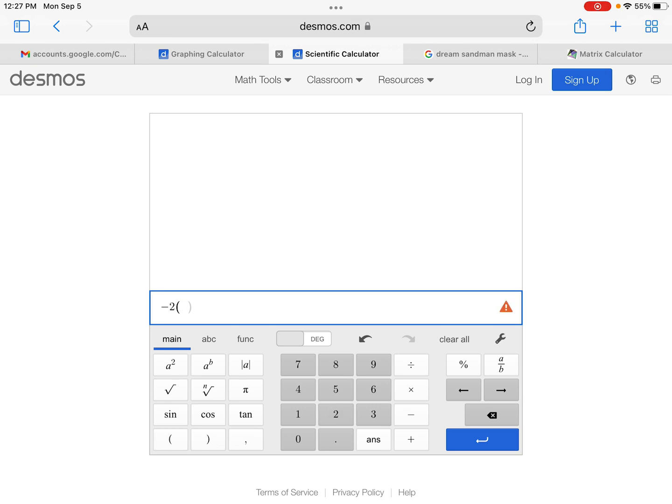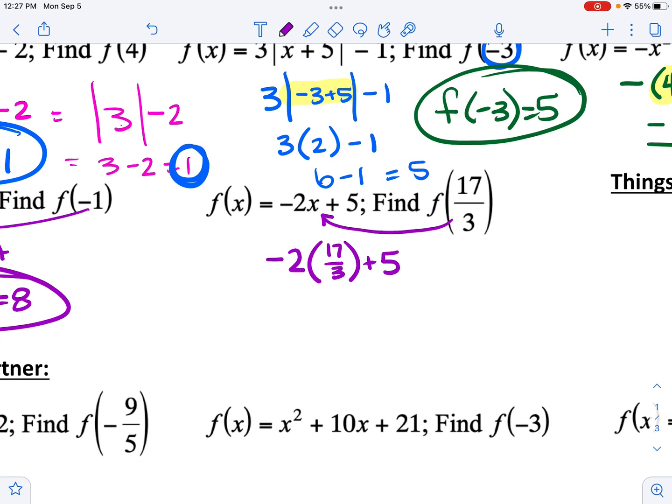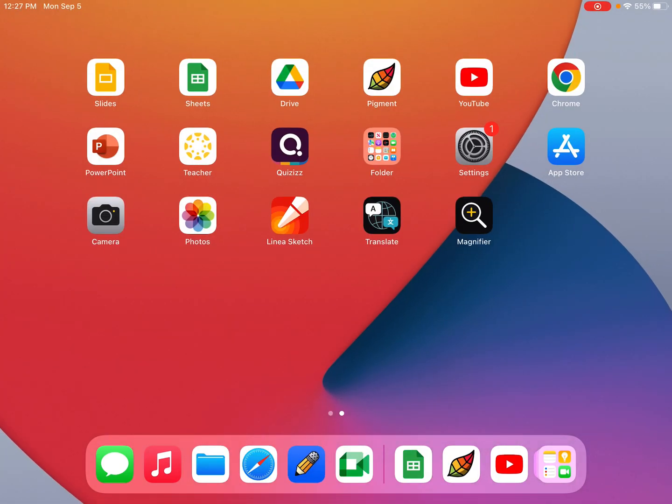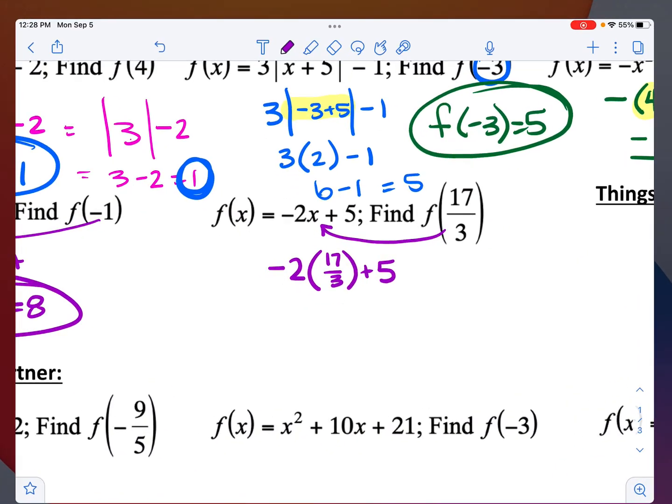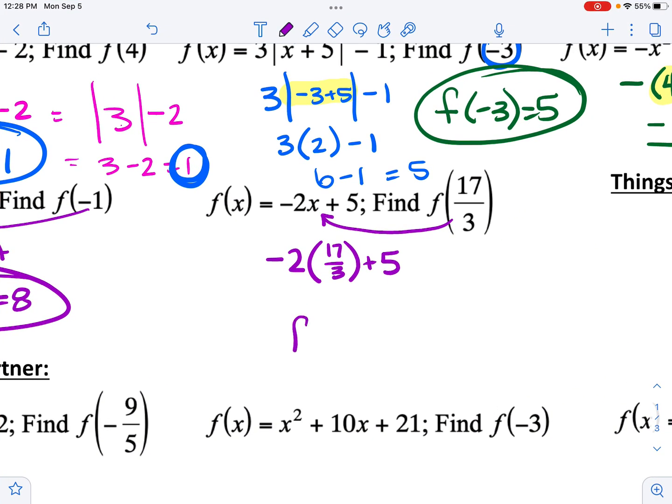You're going to hit your AB button, which is here above the right arrow, and it becomes 17/3. Don't forget to close your parentheses, plus 5. And then because there are fractions in it, we're going to leave it as a fraction, -19/3. So f of 17/3 is -19/3.